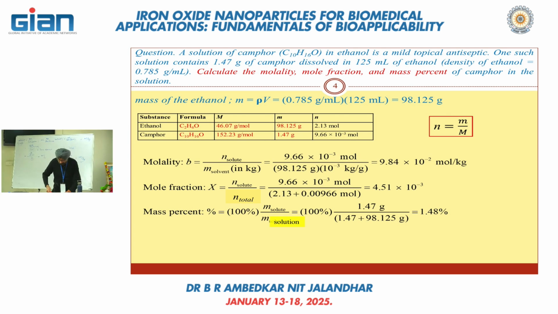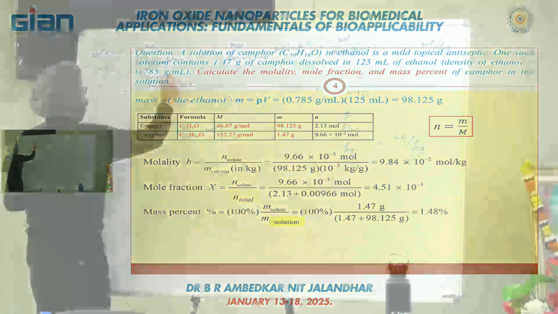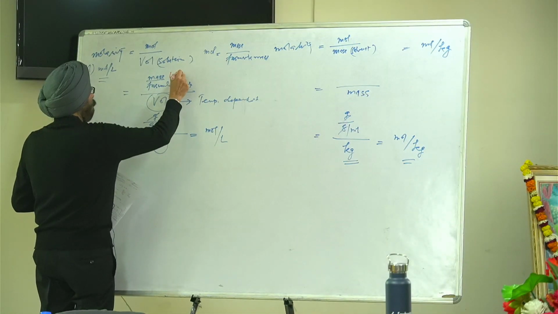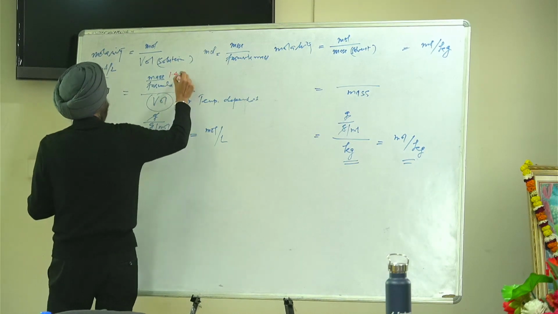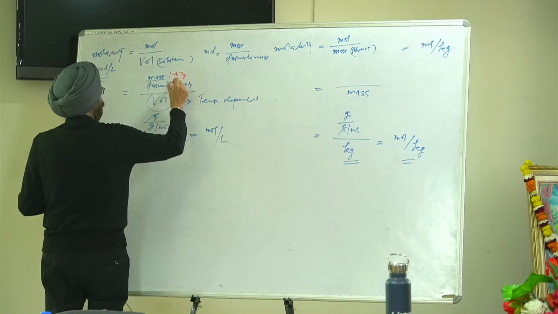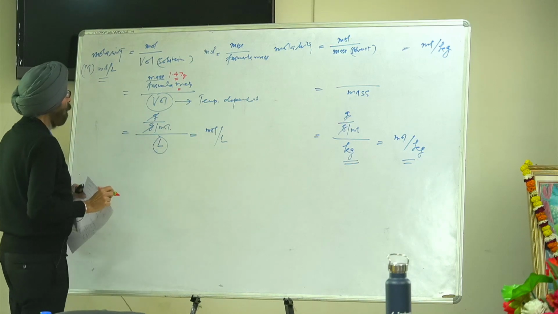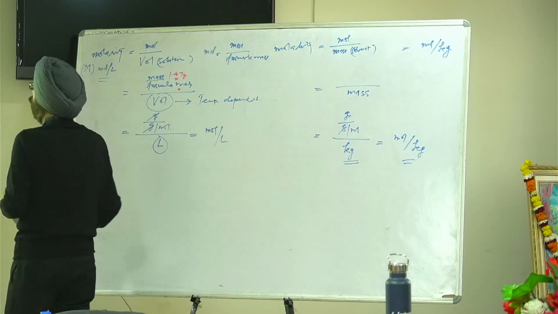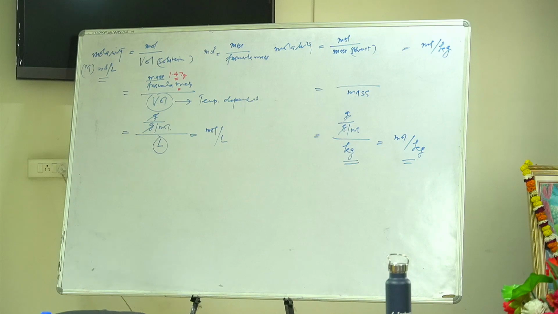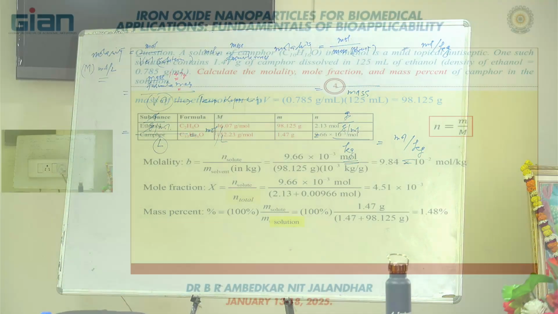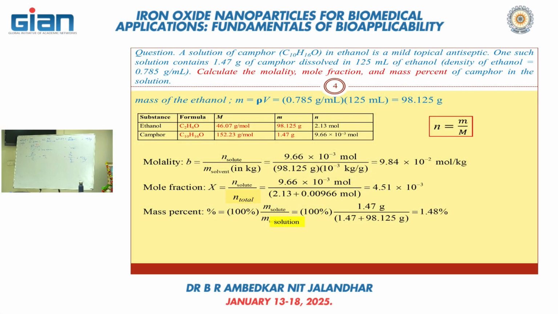When you have to calculate the molarity, obviously now you have the mass of the solute, that is 1.47 grams. You will be keeping it over here, and then you will be taking the formula mass. And the total volume of the solution, obviously here it has been provided for ethanol, and that is not a problem.